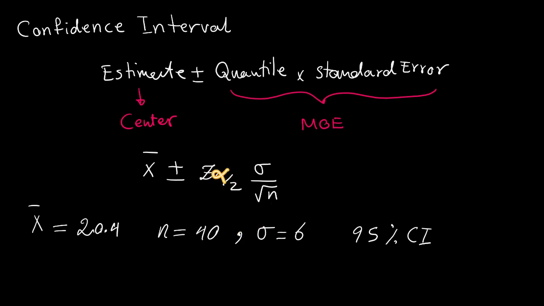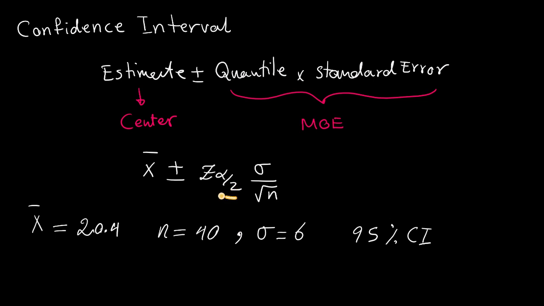So what is alpha in this case? Alpha, or the significance level: a 95% confidence interval means 1 minus alpha is 95%. So if 1 minus alpha is 95%, alpha is 5%, and I need z of alpha half, so half of 5%.